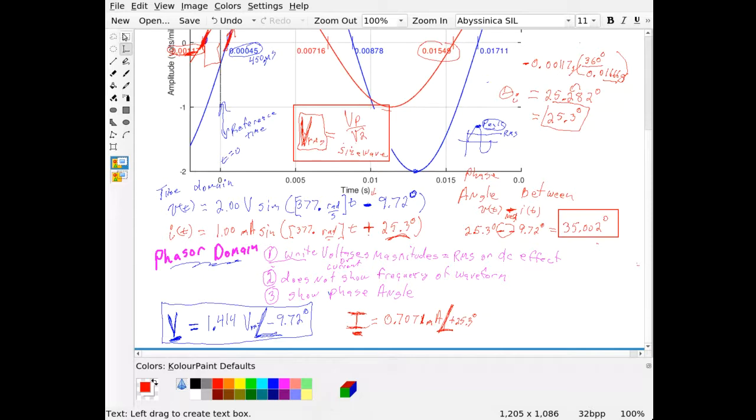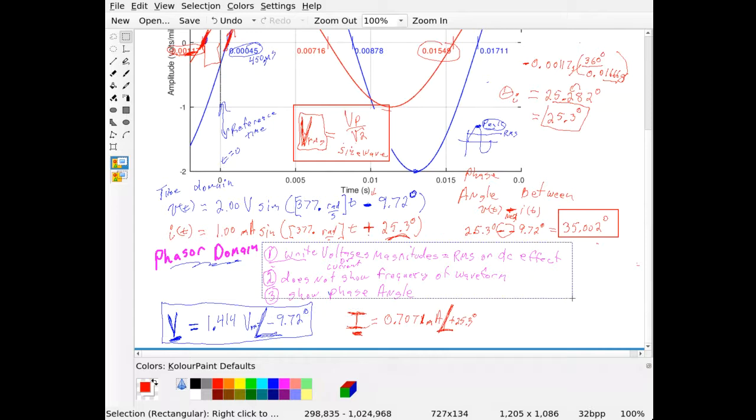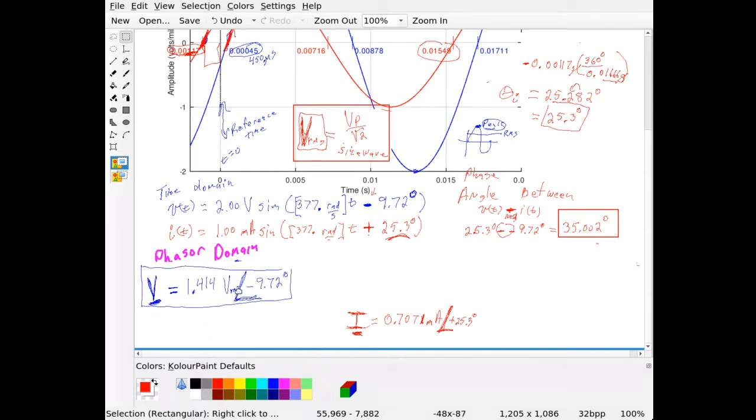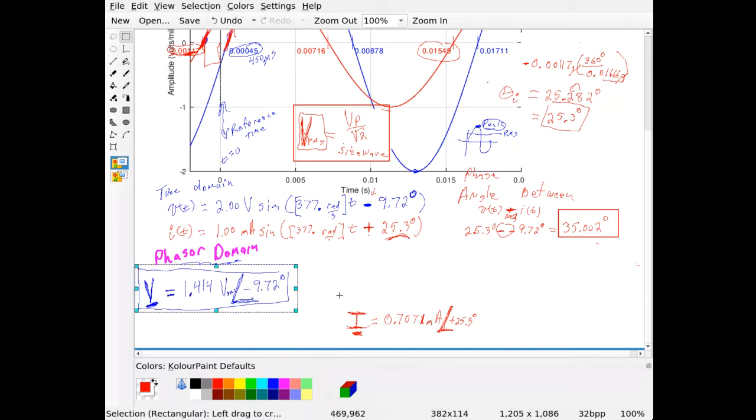Let's see. I need to just try and clean some of this out of here a little bit so I have some more room to write. So we have our voltage and our current here.